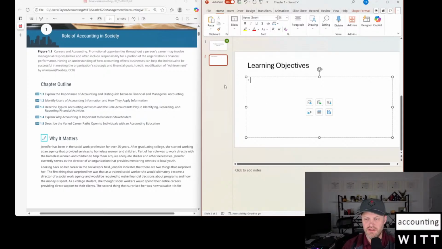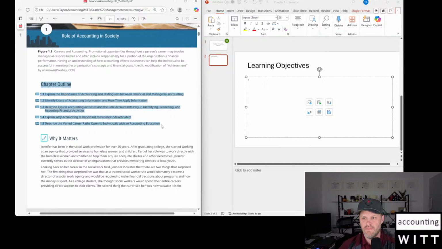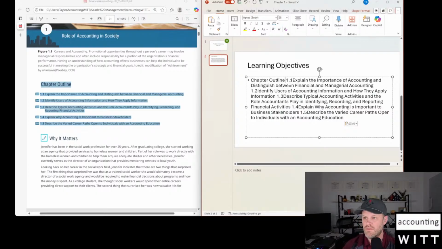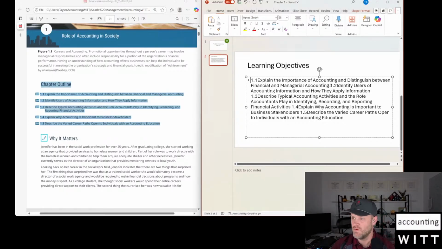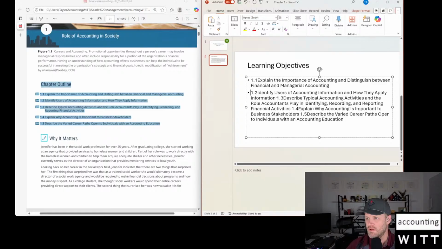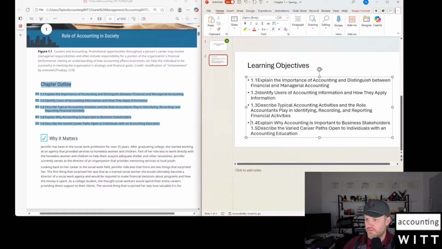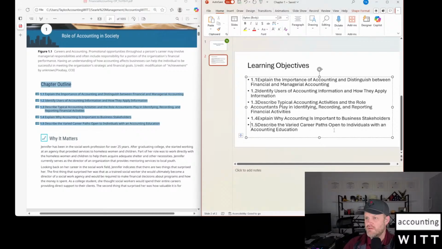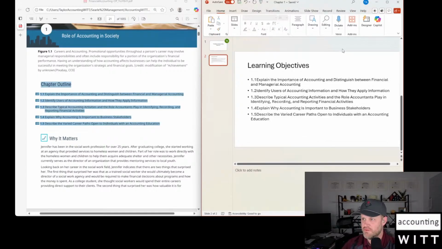So the learning objectives: 1.1, 1.2, 1.3, 1.4, 1.5. So 5 learning objectives. Let's see what we understand about them so far.